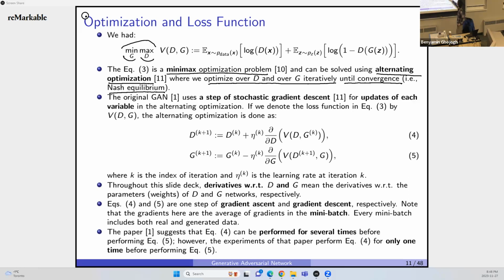Okay. Have you seen the movie A Beautiful Mind? For Nash equilibrium, there is a very good scene in that movie that explains it very well.